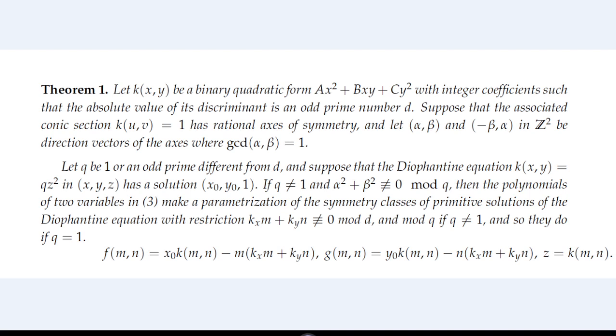If q is not equal to 1, and alpha squared plus beta squared is not congruent to 0 mod q, then the polynomials of two variables, which are described at the bottom of the screen, make a parameterization of the symmetry classes of primitive solutions of the Diophantine equation with restrictions k_x m plus k_y n not congruent to 0 mod d and mod q if q is not equal to 1.